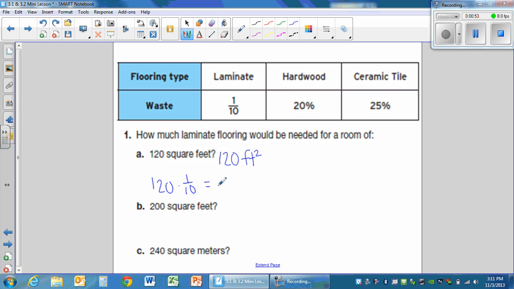Do that calculation on your calculator, and you should find out that 120 times 1/10 gives you 12. We need to add these two together to figure out the total number of square feet for a 120 square foot room. The answer should be 132 square feet.